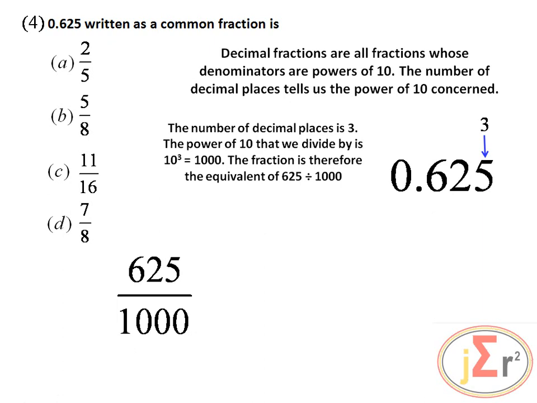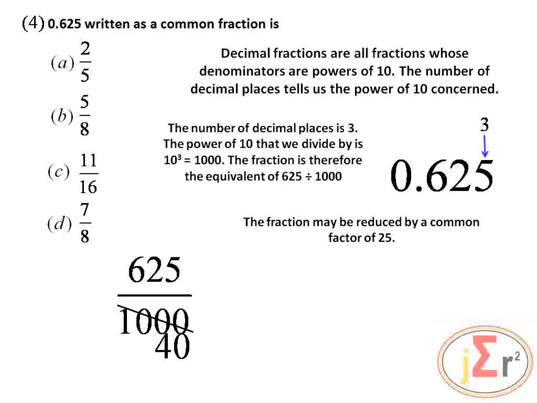And of course, we will reduce this fraction to its lowest term. The fraction may be reduced by a common factor of 25. 625 divided by 25 is 25, and 1000 divided by 25 is 40.